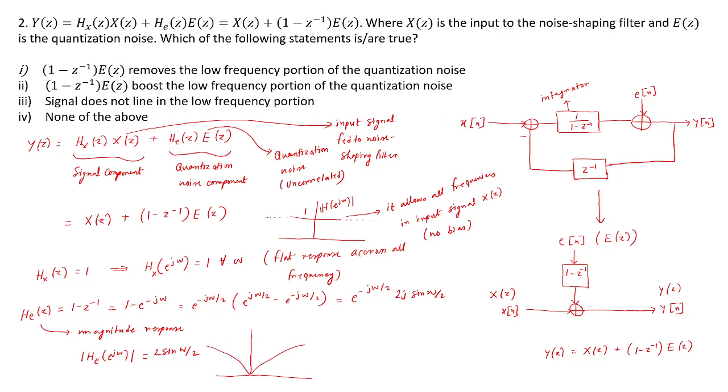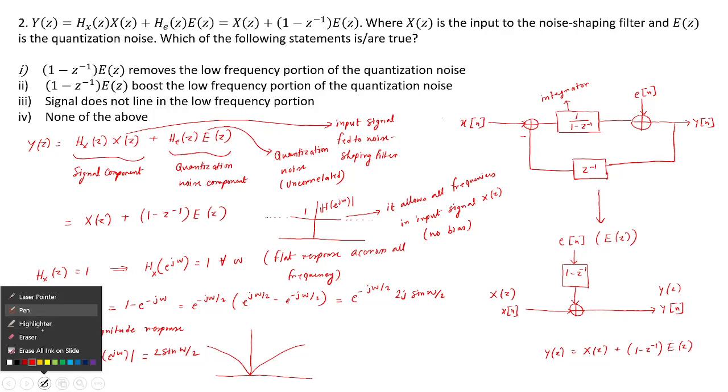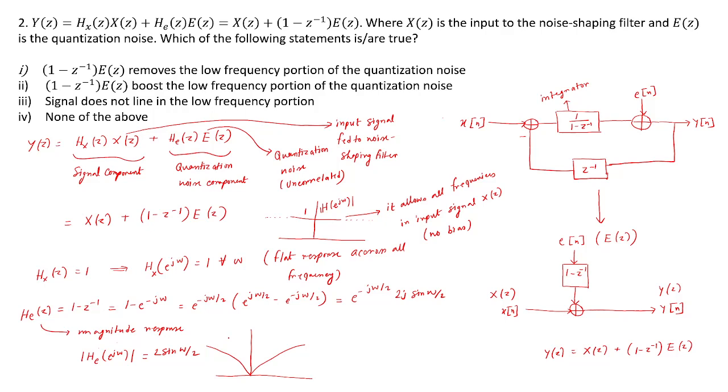Correct? Sinusoidal response. Since it's omega by 2, therefore at pi it will have sin pi by 2, which is 1. It will reach its maximum value, and we are interested in its behavior only from minus pi to pi. So this is the magnitude of He(e to the power j omega).